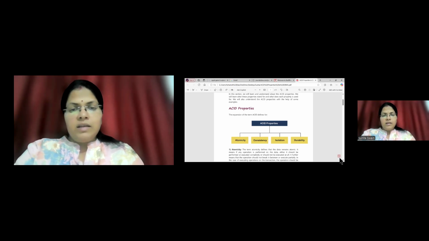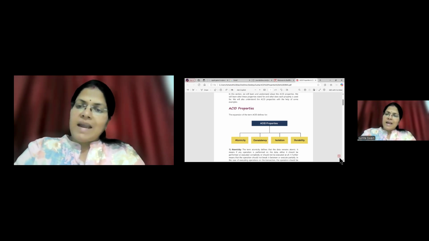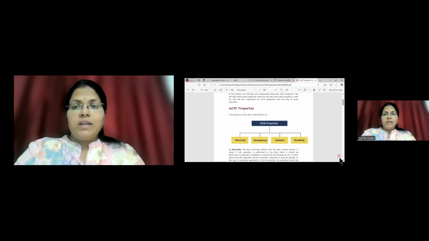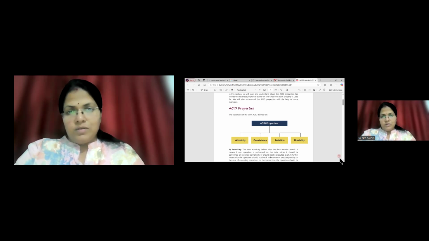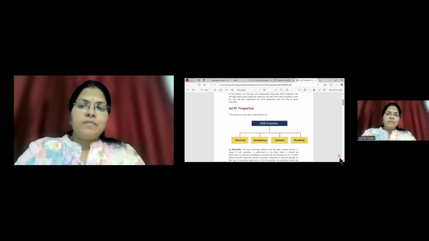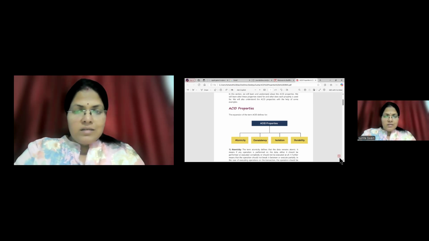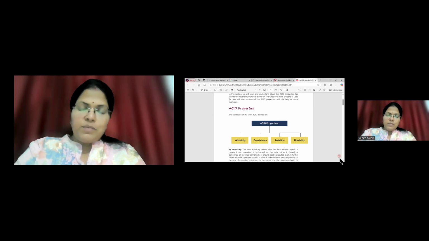And accordingly, each and every property should be followed with the database management system tool. The kind of operation we need, the actual purpose of the database tool, will be fulfilled with the use of atomicity, consistency, isolation, and durability properties.